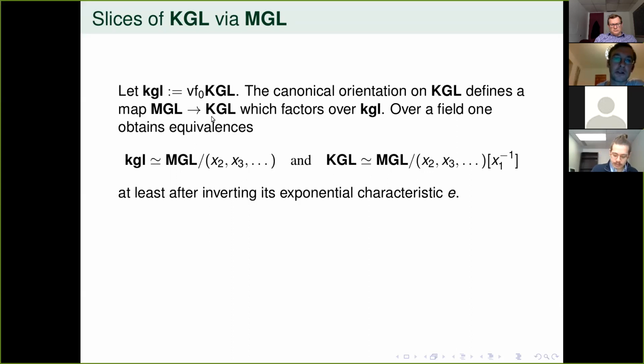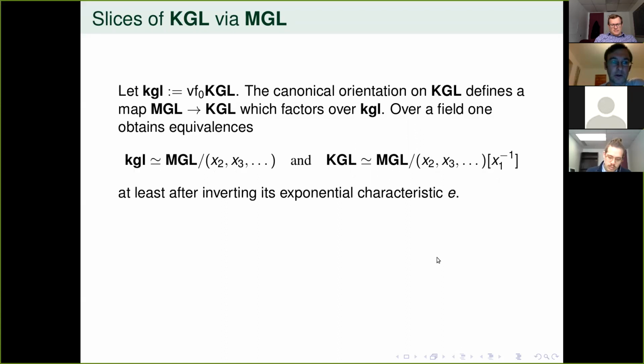So the orientation on Bott periodic KGL, the canonical one, gives you a map from MGL to KGL. Since MGL is very effective, this factors over the very effective cover, and one can then check that little KGL is actually a quotient of MGL by the Lazard generators x2, x3, and so on, just as in topology. And if you want to get the Bott periodic version, you have to invert x1.